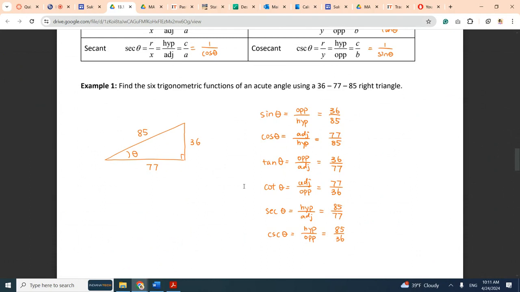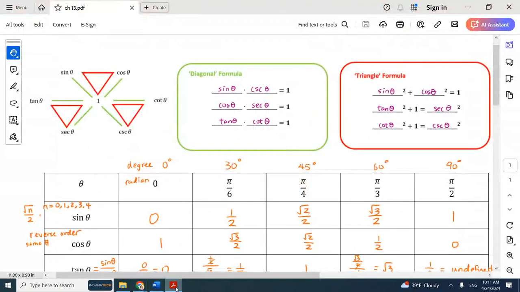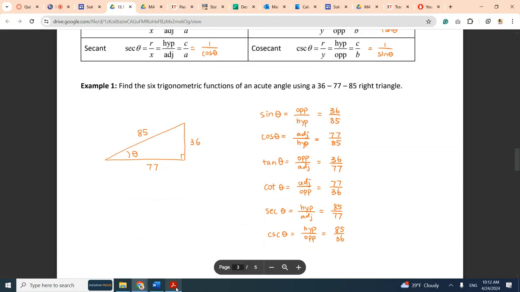Secant, reciprocal of who? Cosine. Look at the diagonal. Secant, reciprocal of cosine. Cosecant, reciprocal of sine. So if you know the first 3 trig functions, you know the rest, because the remaining are just the reciprocals of those 3. Right, everybody?